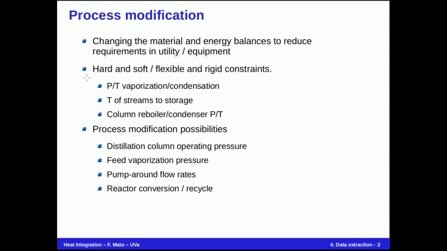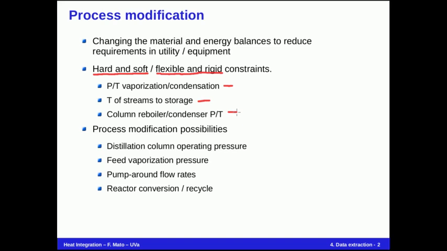Even if you are retrofitting a process, changing it, you can think in the constraints, in the conditions, as hard or soft, or flexible or rigid. Some of them can be more easily changed, as vaporization or condensation pressure or temperature, the temperature of streams that go to storage, or the pressure and temperature of column, the reboiler and the condenser.